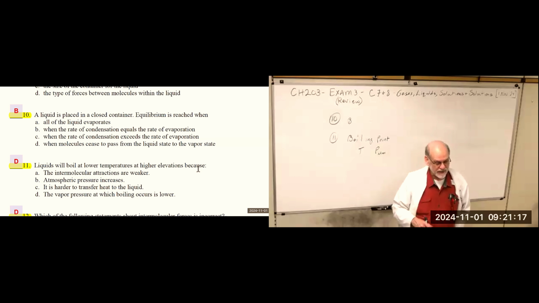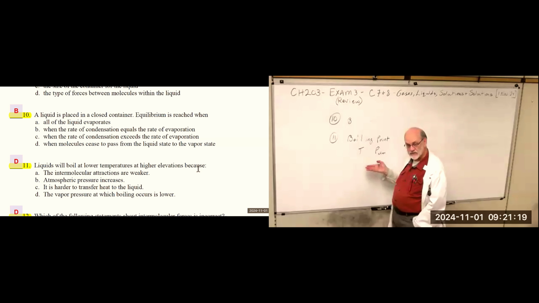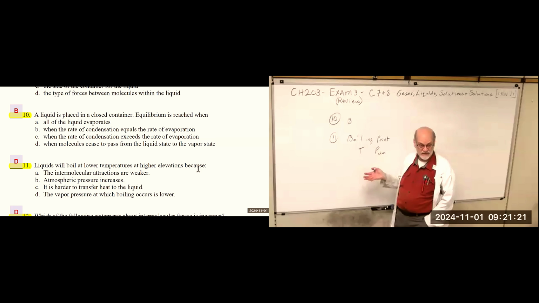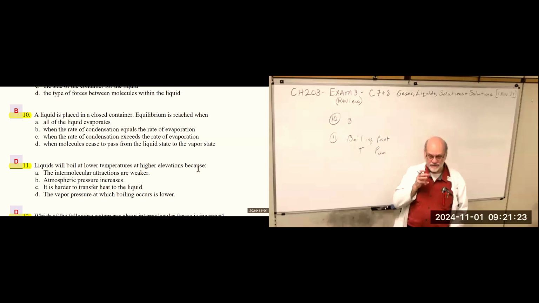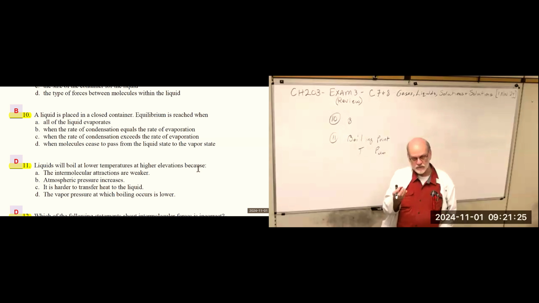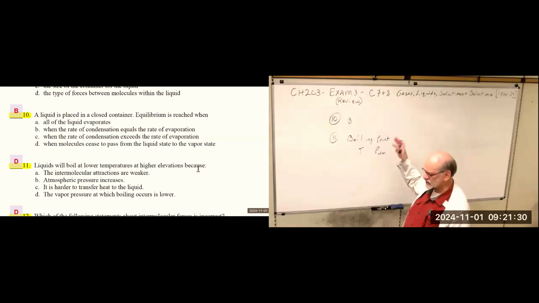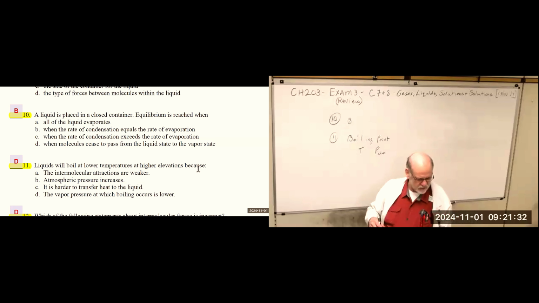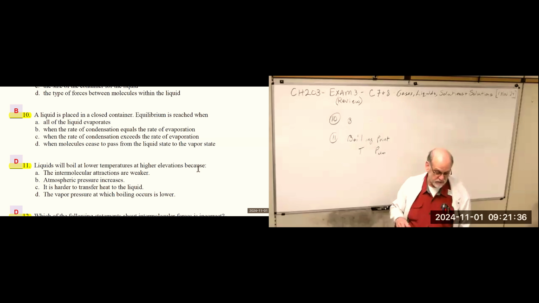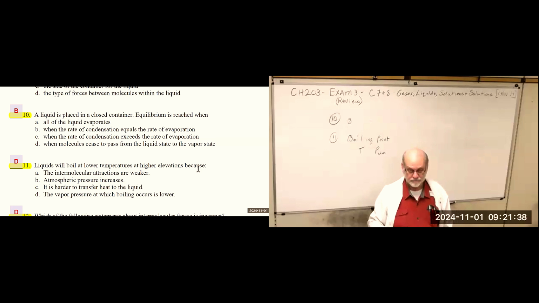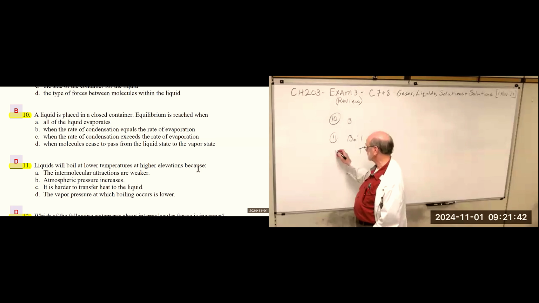Because the pressure is low enough now that the evaporation can occur from inside the liquid. There's enough energy in the liquid to form gas. So after saying all that, liquids will boil at lower temperatures at higher elevations because the vapor pressure at which boiling occurs is lower. That's it. It's just that simple.